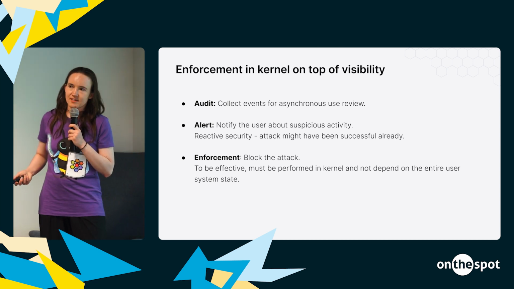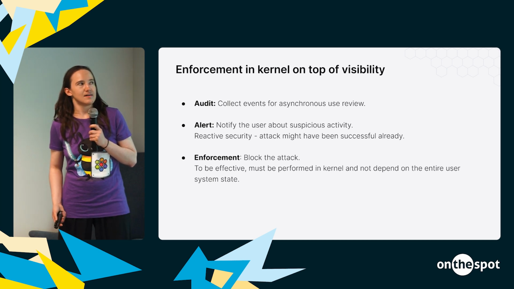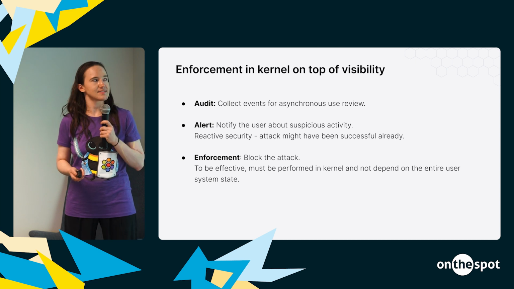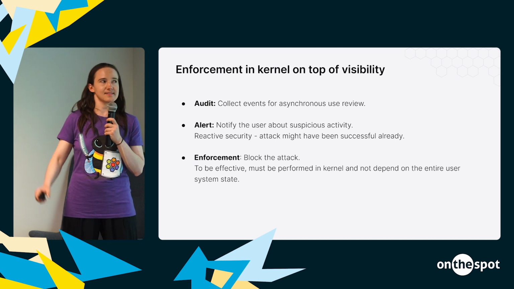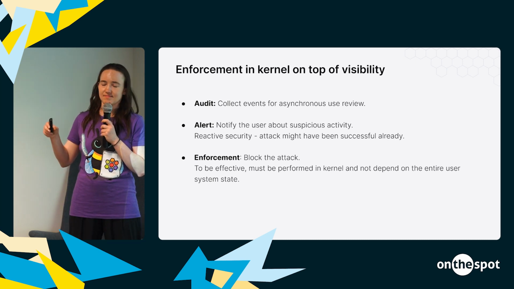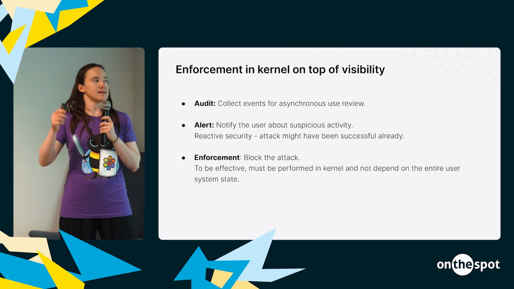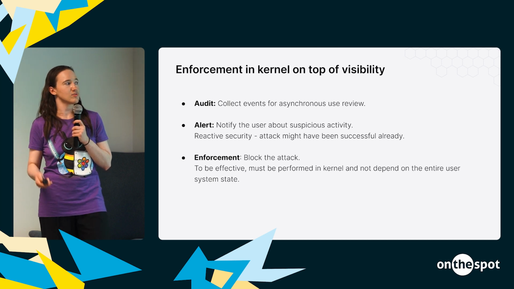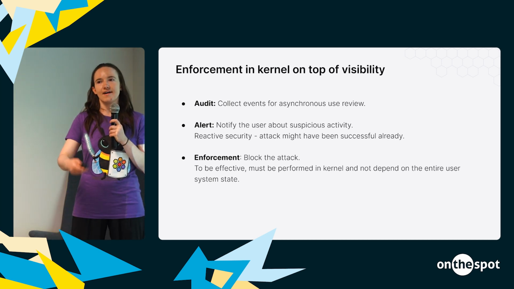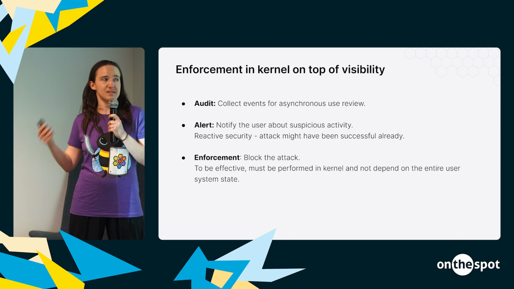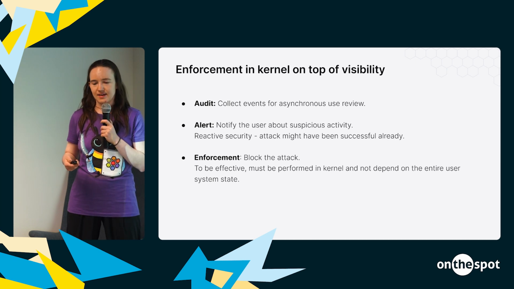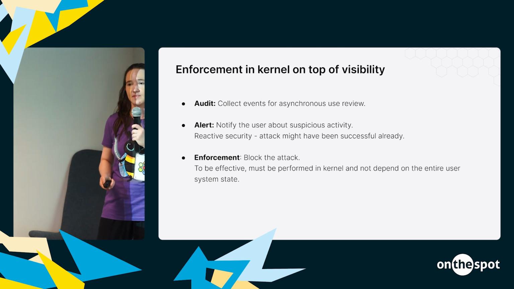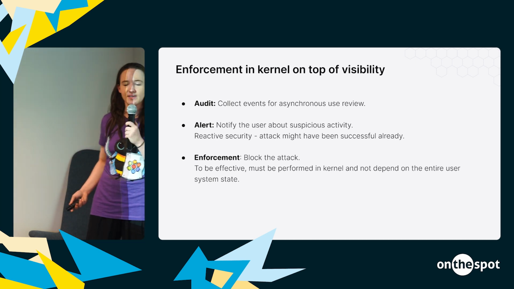There's alerting. Alerting is a more synchronous way of doing security, where when we detect something suspicious, for example some known CVE being executed, we alert the user, and the user can immediately look into it and mitigate the security vulnerability.